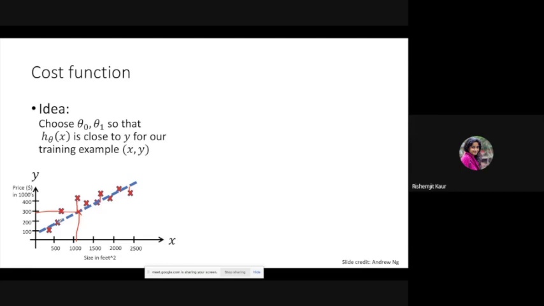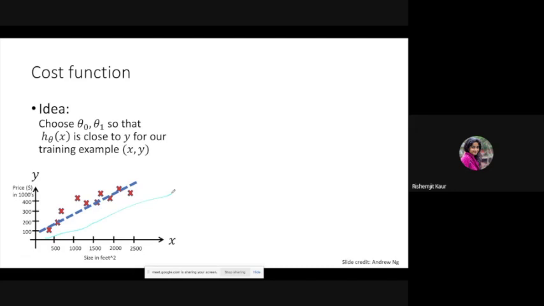Now our objective is to find those values of thetas, to find that hypothesis, that line, which will result in minimization of these errors. Let's say instead of this blue line, we go with something like this.